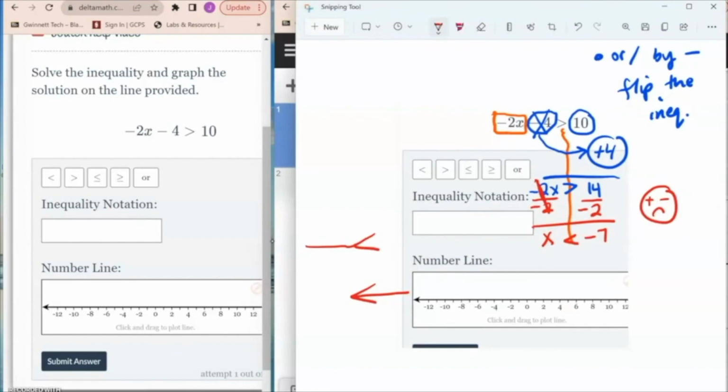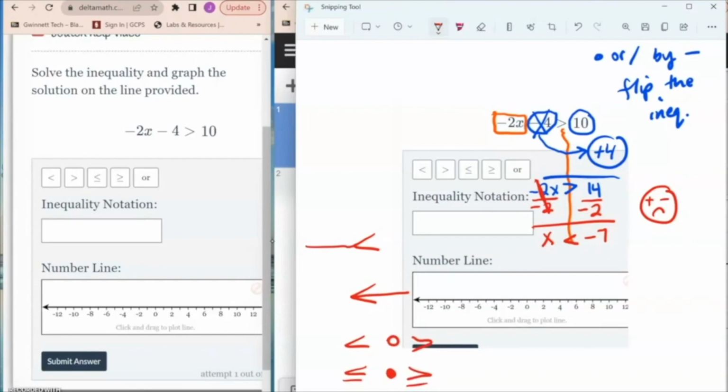The second question you ask yourself is this. Does that look like that, or does it have an equal sign on the bottom? If it has an equal sign on the bottom, it's a closed circle. If it doesn't have an equal sign on the bottom, it is an open circle. So even if it looks like this, if it has an equal sign on the bottom, closed, open if it doesn't. So in my question, does it have an equal sign?